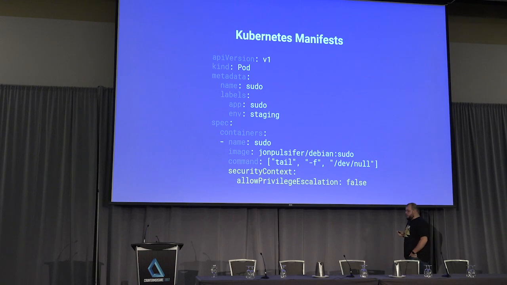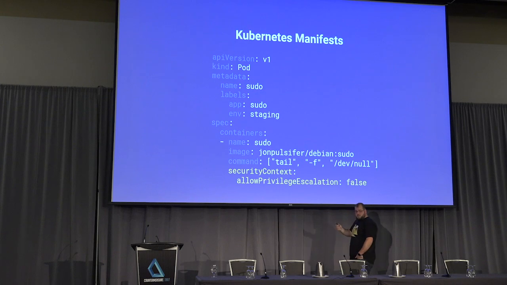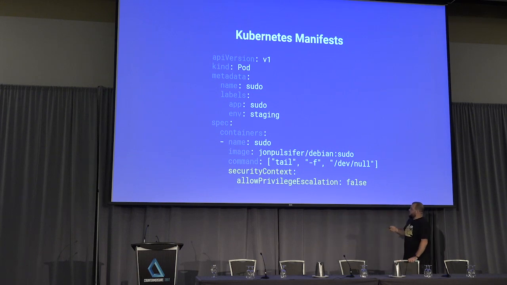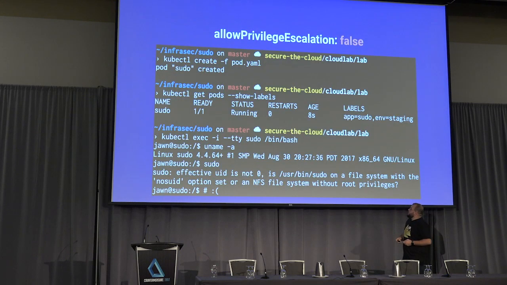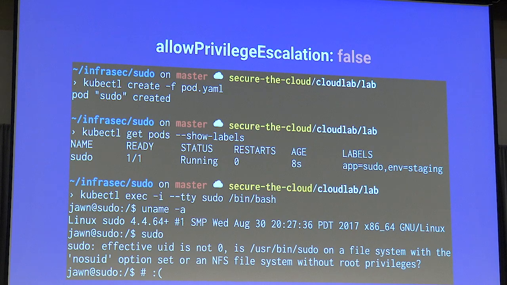AllowPrivilegeEscalation is a new knob to turn in Kubernetes 1.8, which essentially, for those who are familiar with Linux and Unix, applies the no new privs flag on your workloads. So what this means is that setting this to false, when Kubernetes runs this, it will apply the no new privileges flag. So when you try to do something like, I don't know, sudo inside of your container, you get a sad face. So here's just an example of how we would deploy an application on Kubernetes using this manifest.